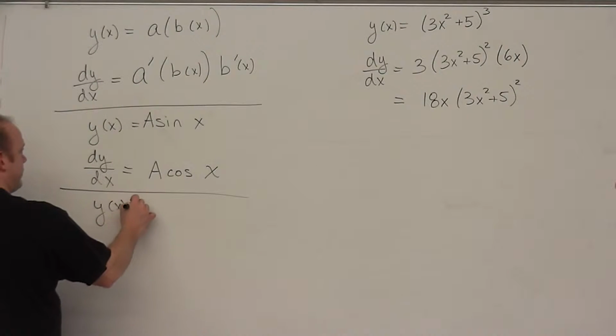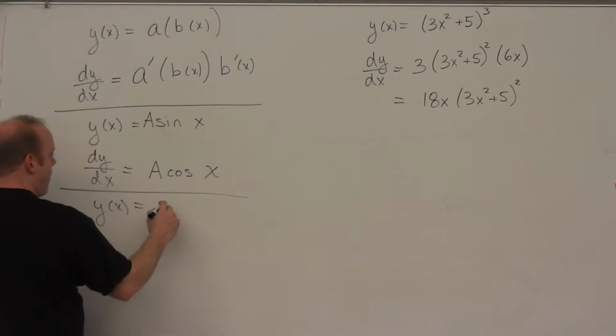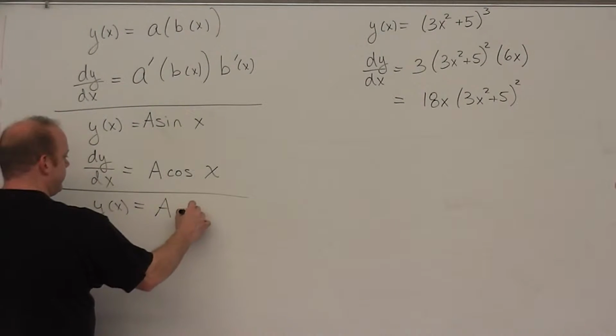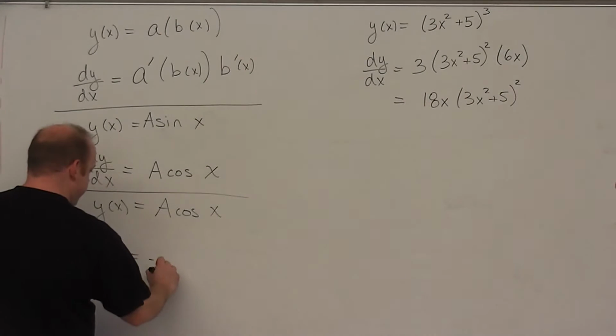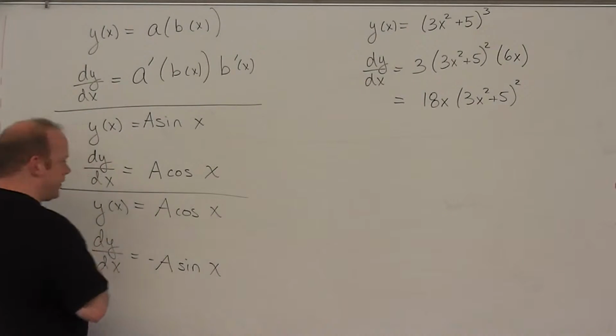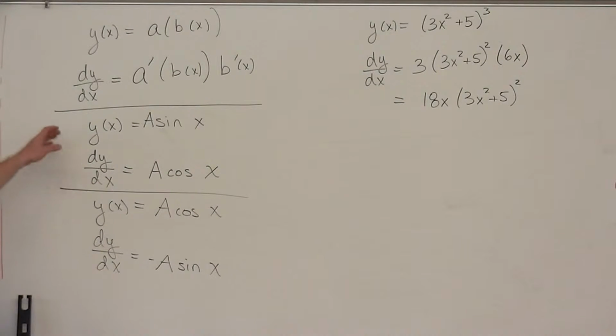So y of x is equal to a cosine of x. Well, my derivative, and this is an important difference between the two, negative a sine of x. Okay, so these two are kind of like general and specific put together.